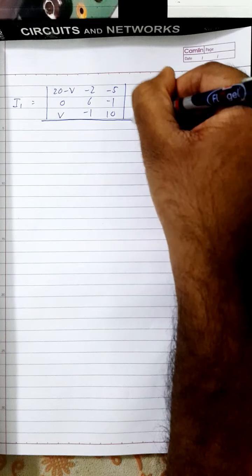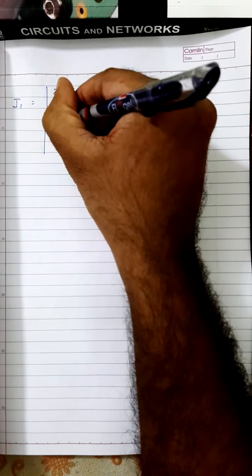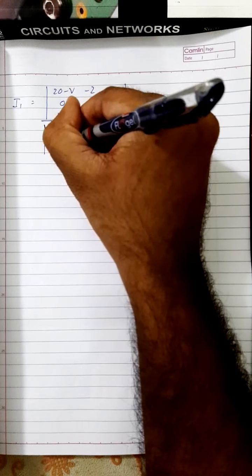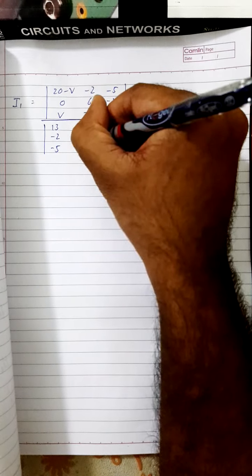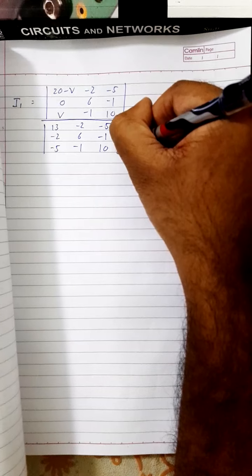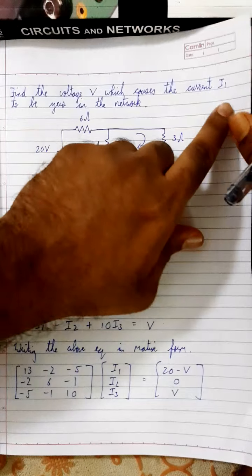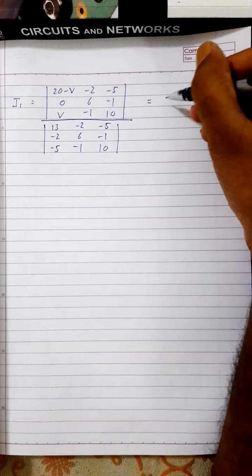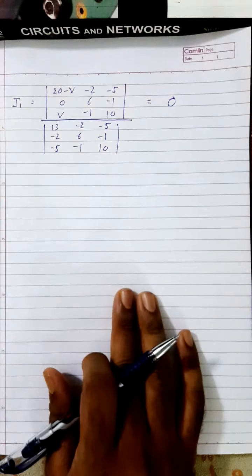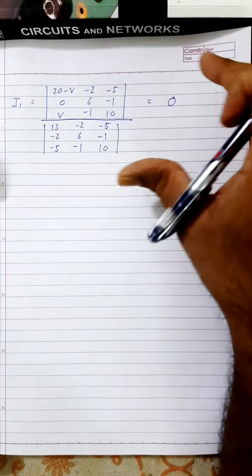And as for the denominator, it is the coefficient matrix, 13 minus 2 minus 5, minus 2, 6 minus 1, minus 5 minus 1, 10, is equal to, and according to the question I1 is equal to 0. So we know that this value is equal to 0, right? This is what it means. So this is how we do this problem, right?